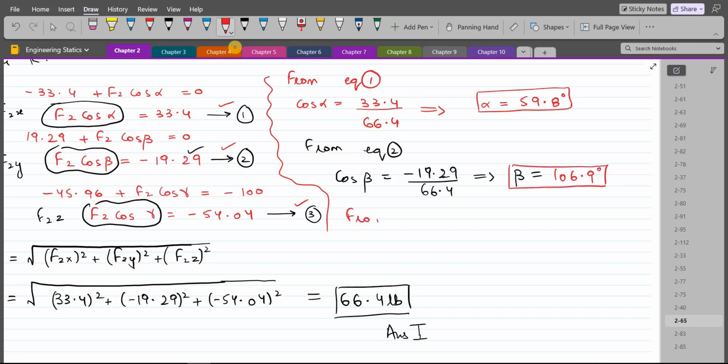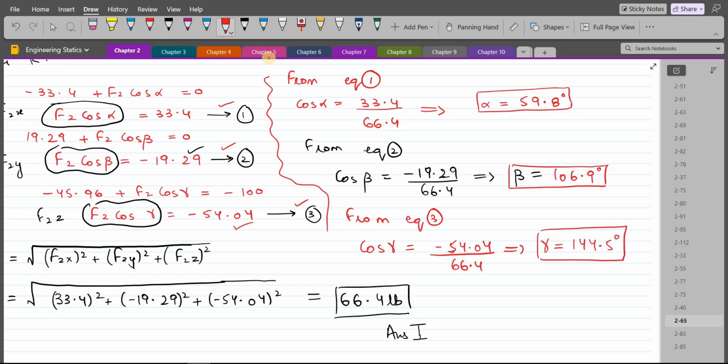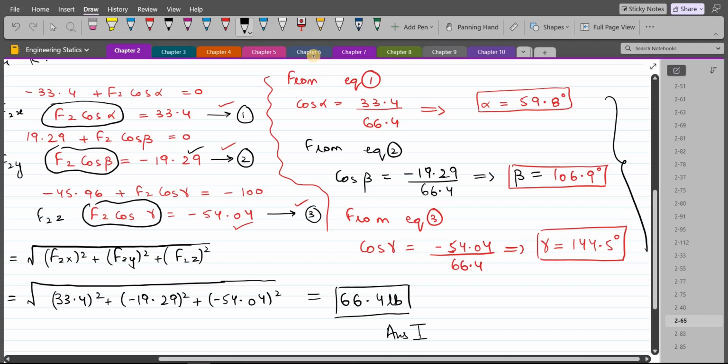And from equation 3, we have cos gamma equals negative 54.04 divided by the magnitude of the F2 force, which is 66.4. Again, if you take the cos inverse of this value, gamma comes out to be 144.5 degrees. So this is our second answer.